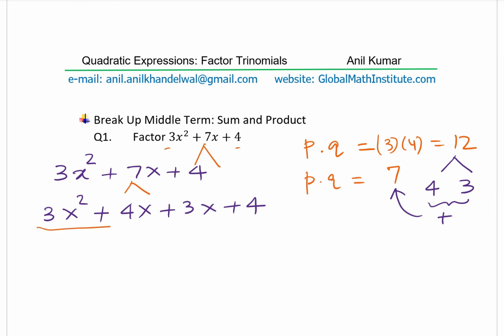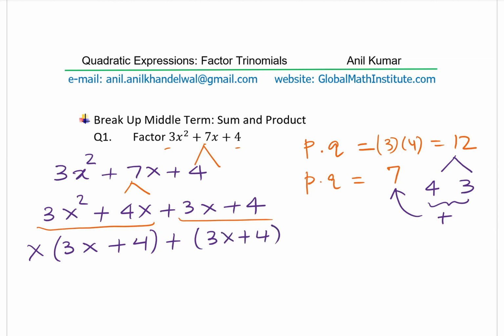So if you look into the first group, what is common? Well, x is common in the first group. Taking x common, we get 3x plus 4. In the other group, nothing is common, that is, 1 is common. We are left with 3x plus 4. And now 3x plus 4 is common, so we can write this as 3x plus 4 times x plus 1.